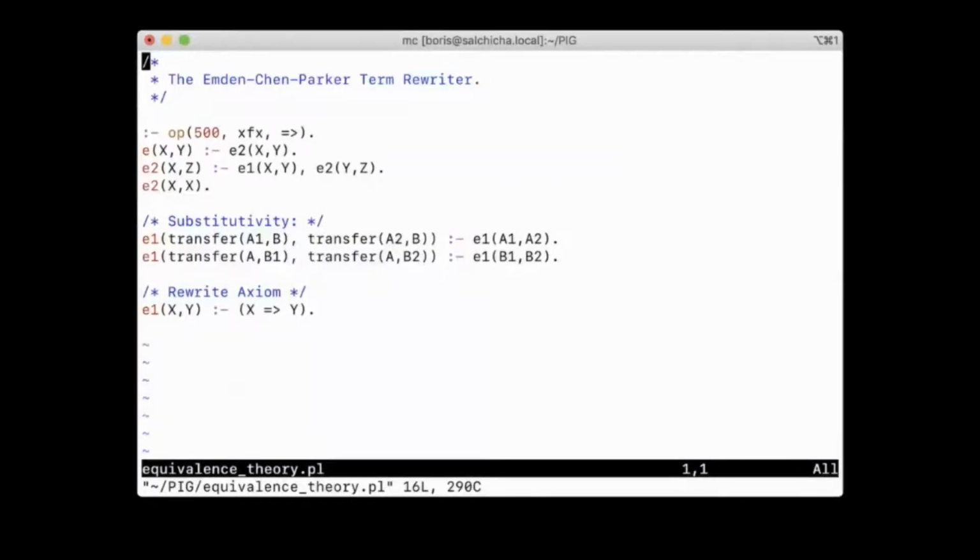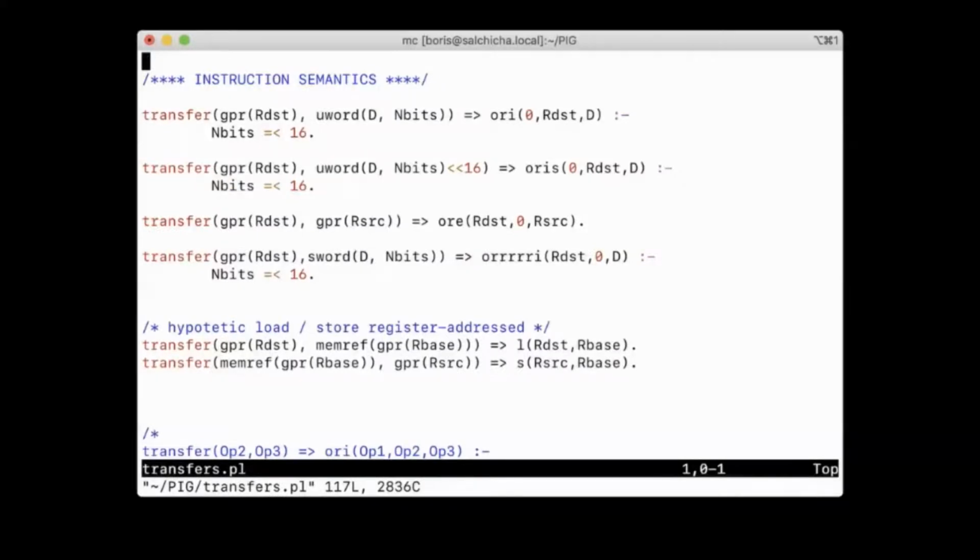I wrote my own ACC-Gen processor, which I call the Prolog Instruction Generator, or PIG, which is based on equational logic programming. It's the Van Emden equational conditional rewrite engine, and the rules are the RTLs. This does work as a proof of concept, but we found that for practical applicability, ACC-Gen is rather limiting.